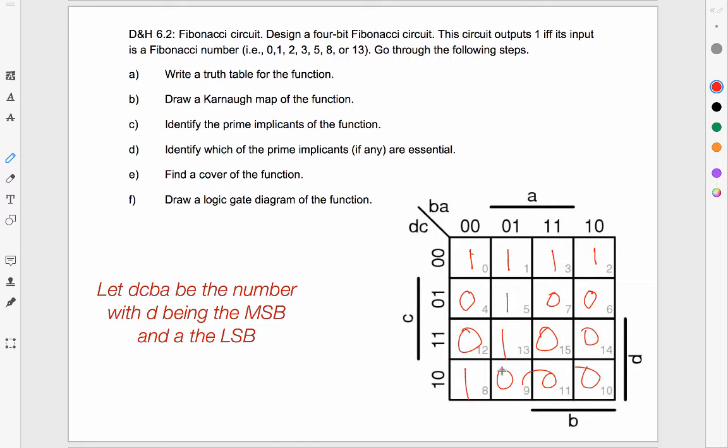Anyone else? Okay. So which are the 3? The top row. The 2 in the 0, 1 column. And then the bottom one, the top one.